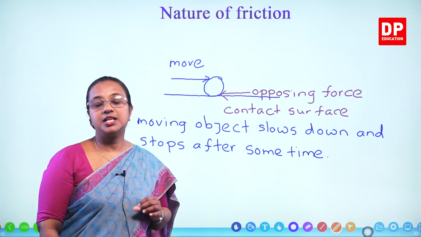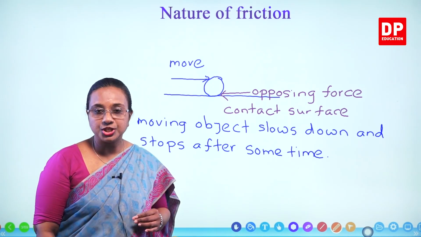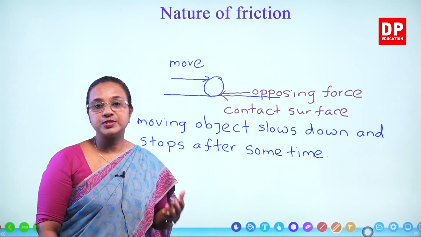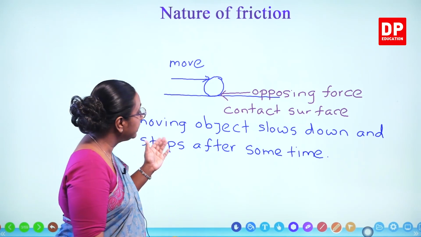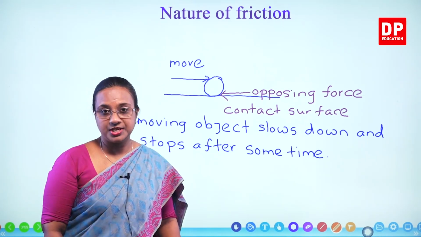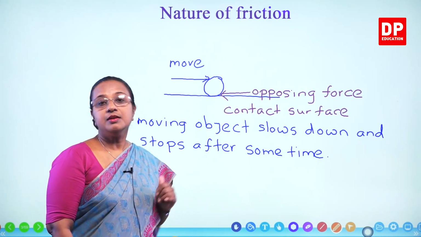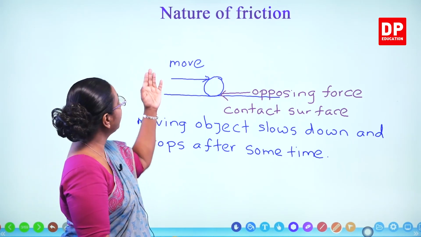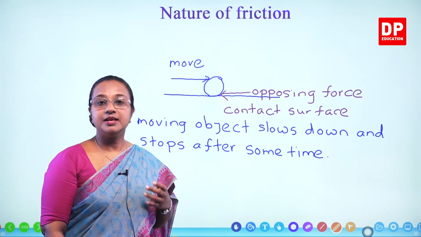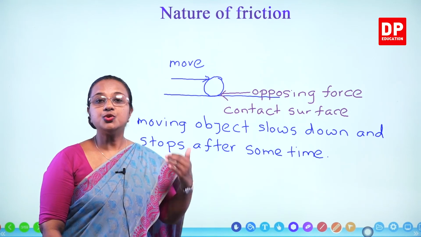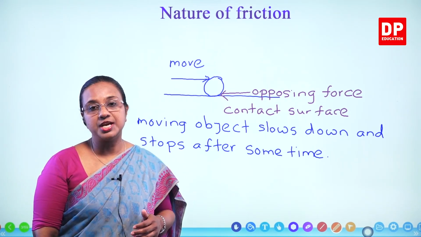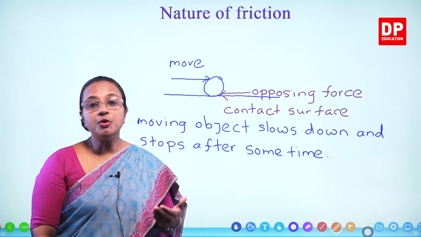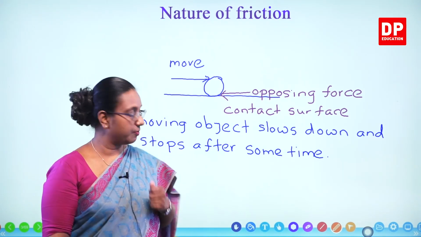And this is what we call friction or frictional force exerted by the contact surface against the moving object. So one nature of friction is that it tries to oppose the movement of a moving object, or oppose the motion of a moving object.